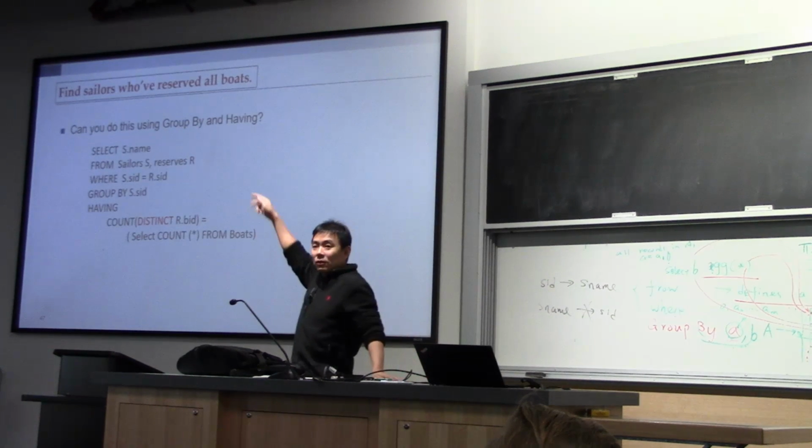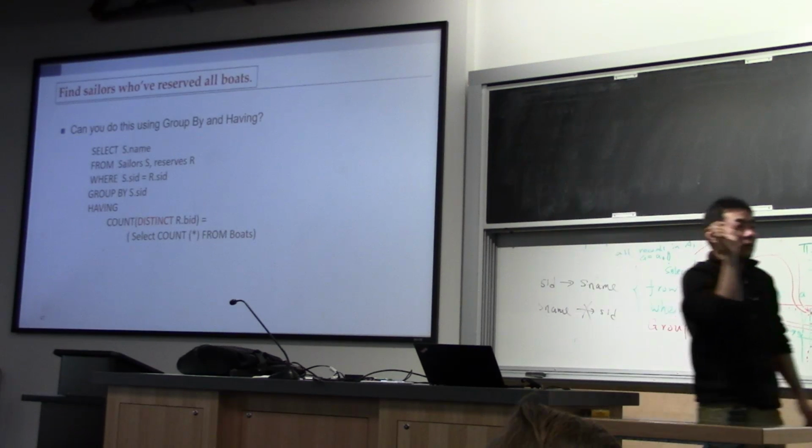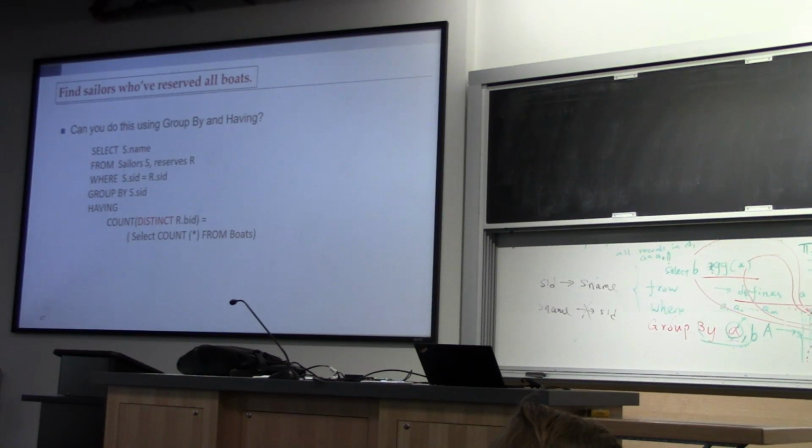You told us the project clause, the select clause, must be a subset of grouping attributes. In this case, it is not, but my group by can still be executed. That's because you have this condition, sailor ID determines sailor name, and the underlying database can do this kind of deduction automatically. Many engines allow you to do this.